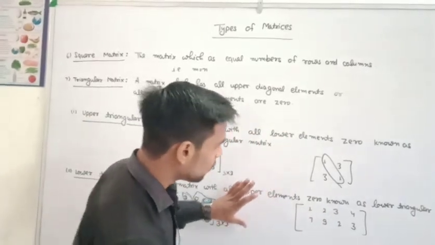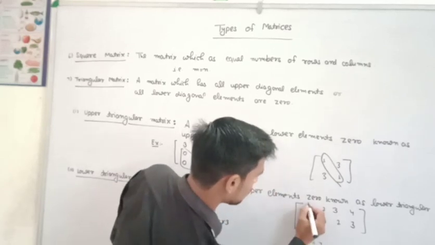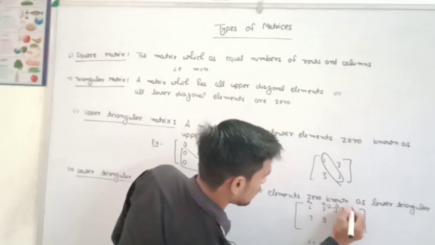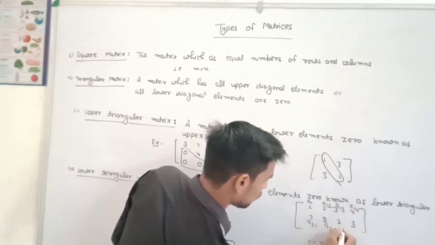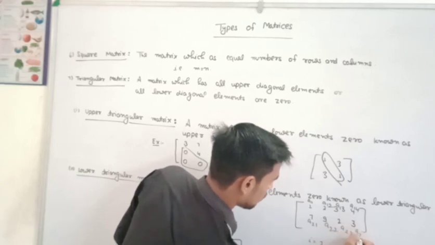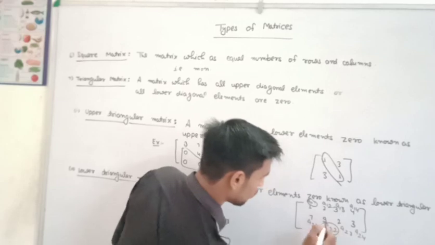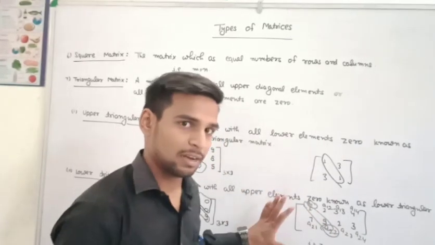The diagonal elements are those where i is equal to j. Here we have A11, A12, A13, A14, A21, A22, A23 and A24. Here we can say that i is equal to j, and i is equal to j. So the diagonal of this matrix will be from 1 to n.